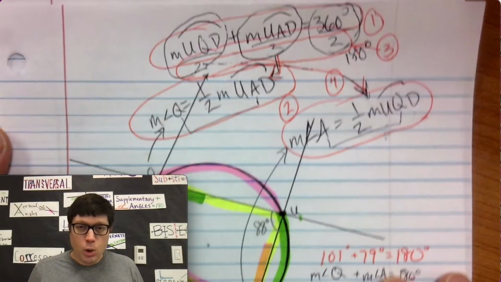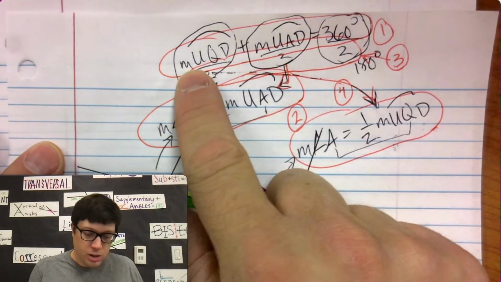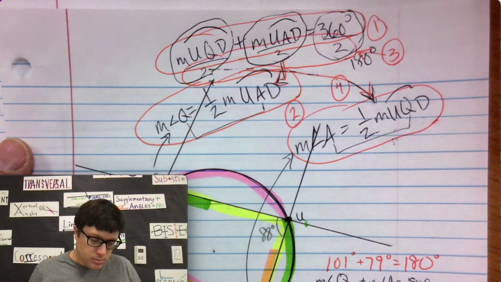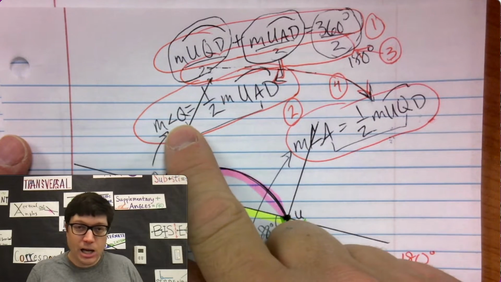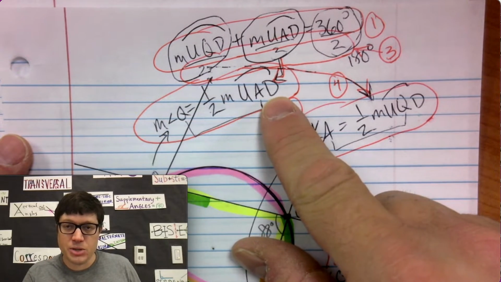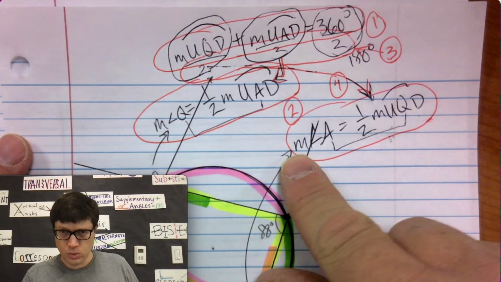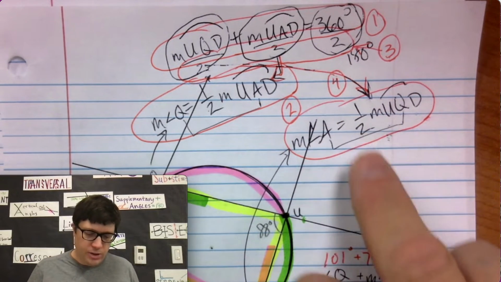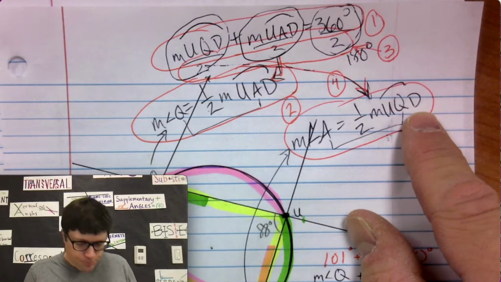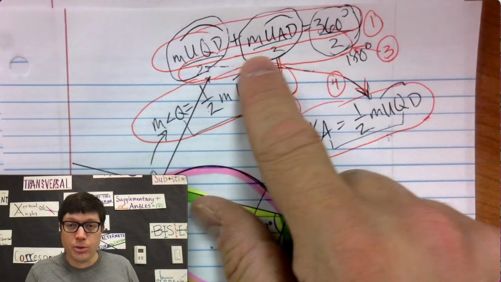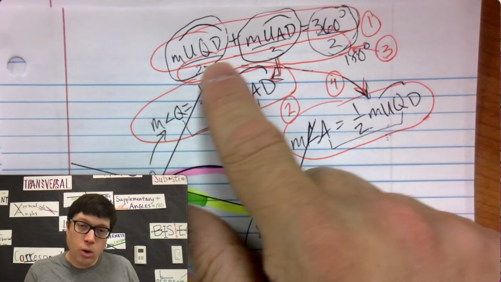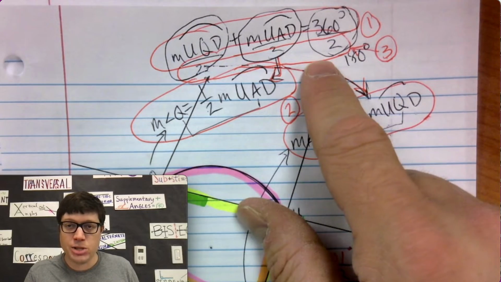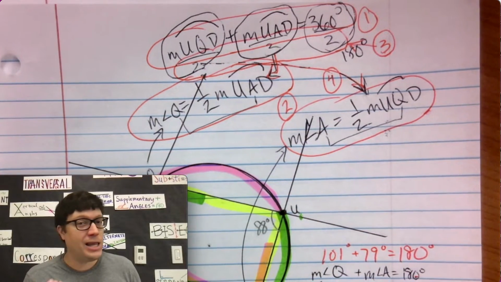Just a reminder, what we did in the last video: we established that the arcs add up to 360, and that the angles add up to half of the inscribed arcs. You can take the measure of angle A, it's inscribed, intercepted arc, and then it's half the measure of the intercepted arc. Then we can divide through by 2 the whole statement because the division property of equality lets us divide through by 2, and that turns into the 180 that we're looking for.